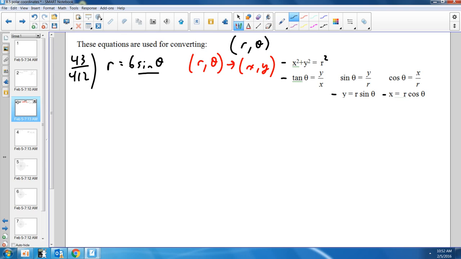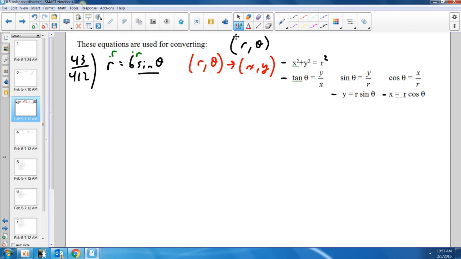So if I want to replace a y with r sine theta, I actually have to have an r in here, a 6r sine theta. So if I wanted r there, it would be multiplying the right side by r, which means that I really have to multiply both sides by r in order to use this equation or identity.